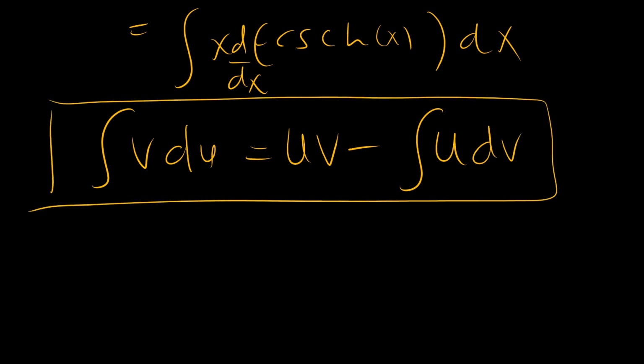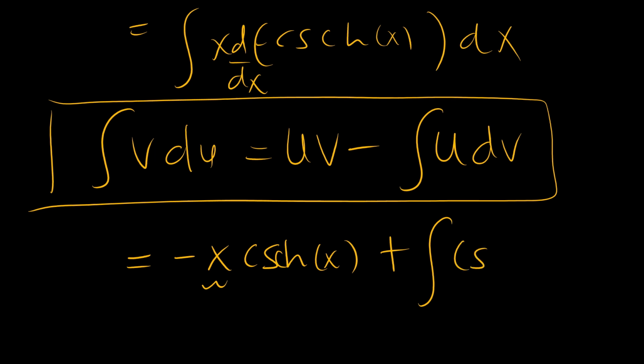So that's just a known. So from there we can see that we have negative of x hyperbolic cosecant of x plus, derivative of x, x being v, we have hyperbolic cosecant of x integrated.